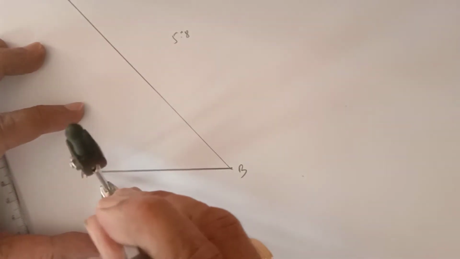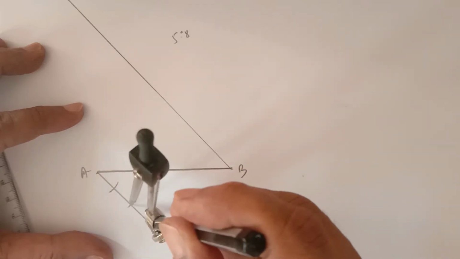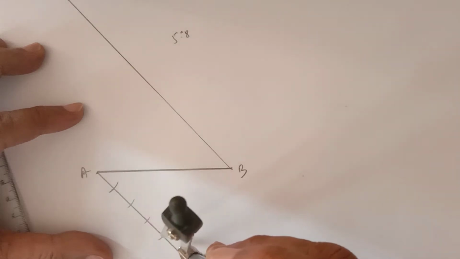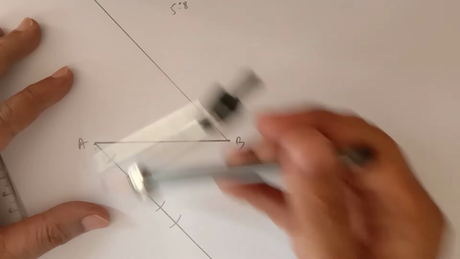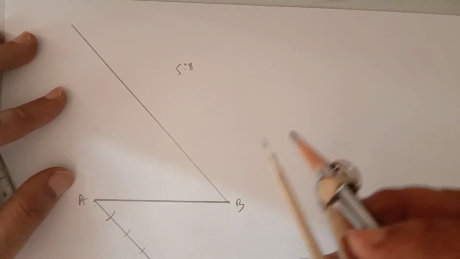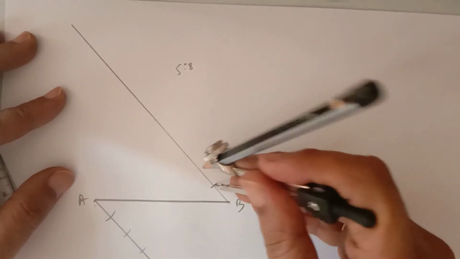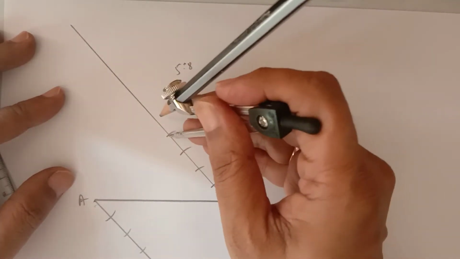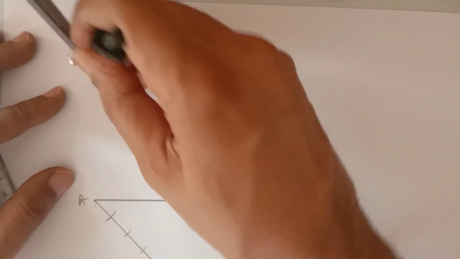5 equal parts. So 1, 2, 3, 4, 5 at the end A, and at end B you mark 8 equal parts with the same radius: 1, 2, 3, 4, 5, 6, 7, 8.